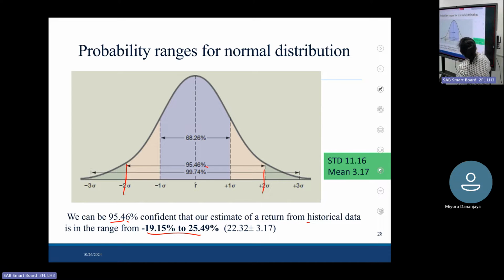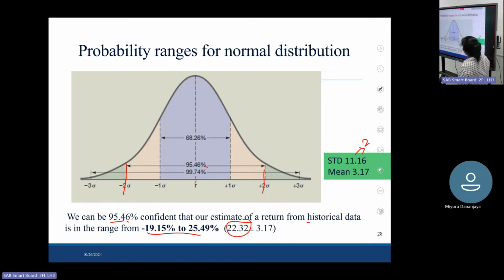So then you can say 2 standard deviations make 22.32. Then the average, 3.17, can increase by up to 24.49.